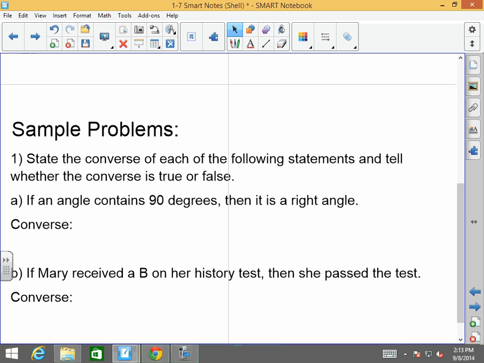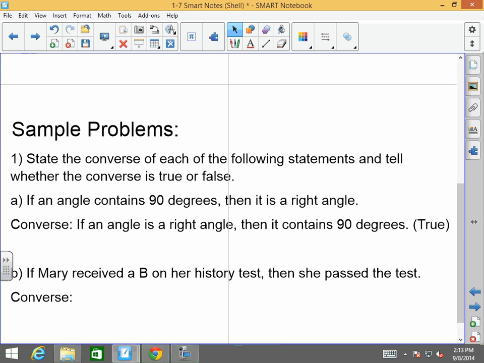State the converse of each of the following statements and tell whether the converse is true or false. My conditional statement here: if an angle contains 90 degrees, then it is a right angle. Okay, my brother, you said you have the converse for this. Fantastic. The converse is exactly what my boy said: if an angle is a right angle, then it contains 90 degrees. Absolutely. That is true. And that's always going to be true when you're talking about definitions.